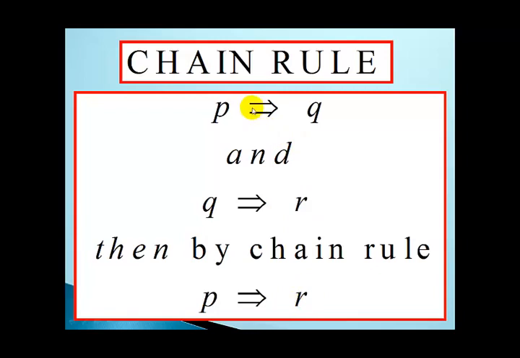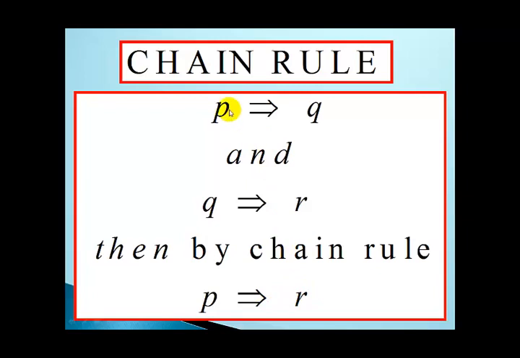Now let's look at the chain rule. P implies Q, and Q implies R. So P implies Q, and this same Q implies R. If it happens like that, then by the chain rule, we can say that P implies R. Why are we saying that?